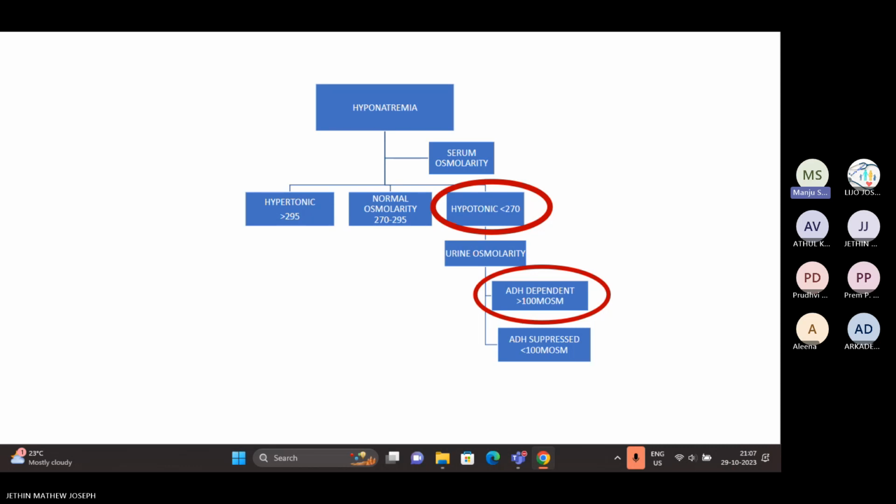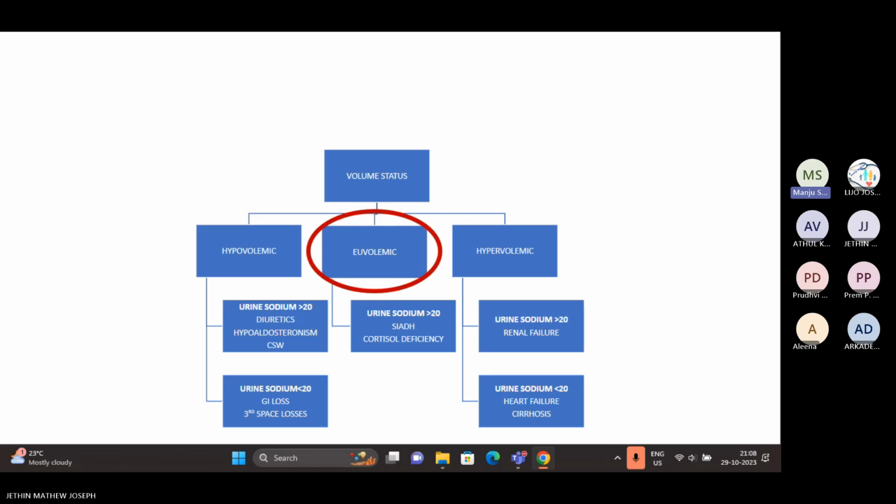Again, most of the cases we'll see will fall in this category, ADH dependent. ADH suppressed is seen in very few scenarios, for instance, a patient with primary polydipsia, which is seen in cases like psychotic patients or use of certain recreational drugs. Ecstasy is said to cause this.